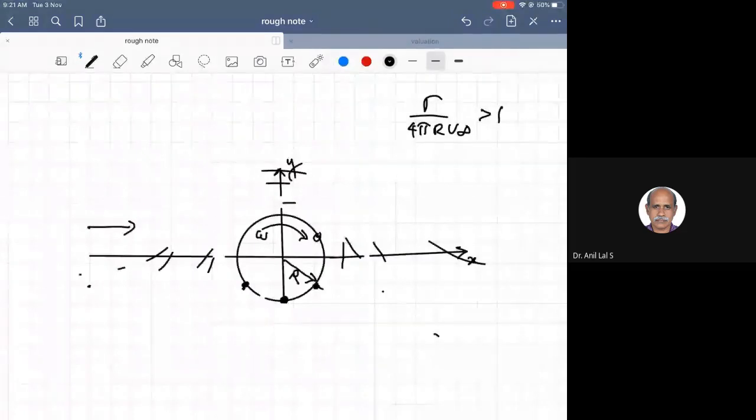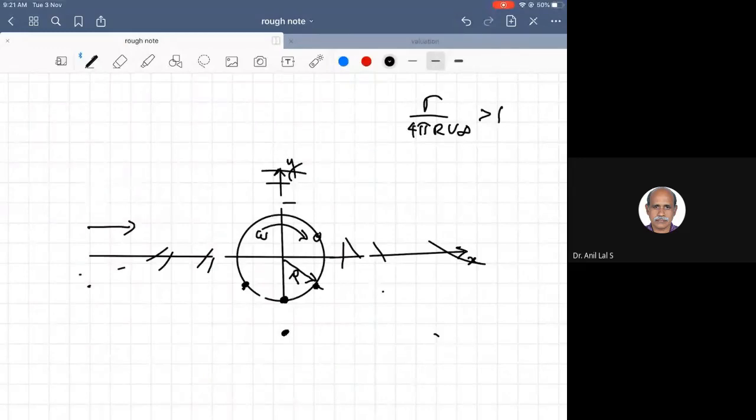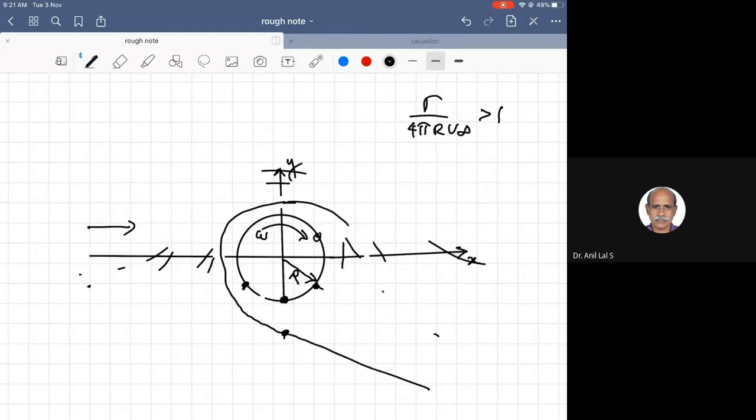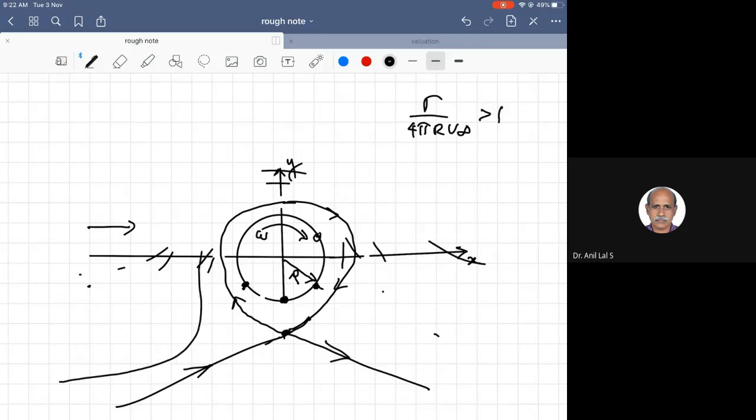In which case you will find that the stagnation point is outside the surface of the cylinder, at some point outside the surface. So there will be these streamlines like this. The flow will be approaching like this, then it will be flowing around the surface of the cylinder, and here again it will come, and here we have a streamline.